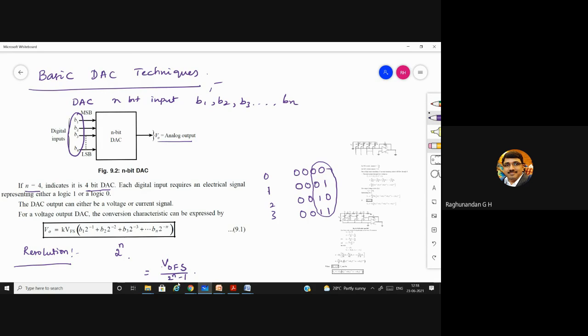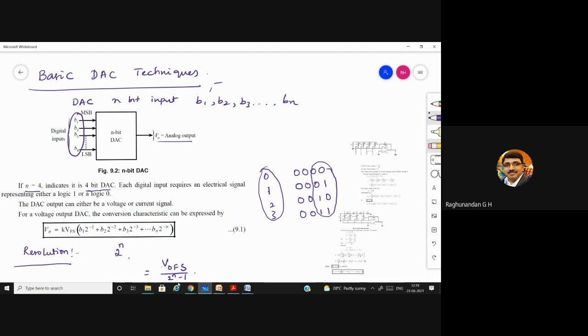Initially our signal was 0 volt. Next it changed to 1 volt, next to 2, next to 3. These are the analog values we are talking about. The same digital values will be written in this form. So if there is any change, that change has to occur from the LSB values.